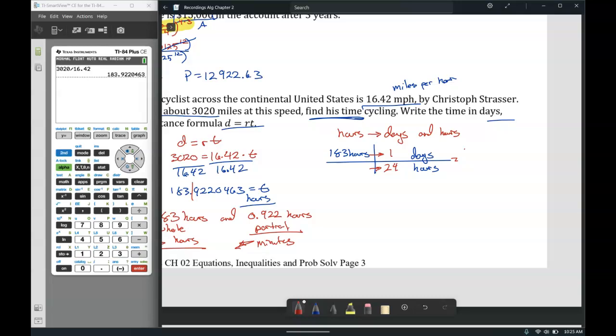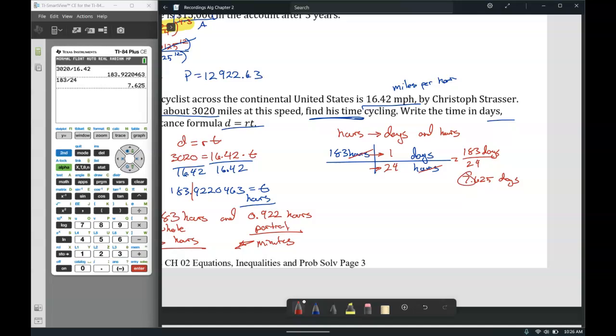If we do this multiplication, we get 183, and the hour units cancel out. So we have 183 days divided by 24. Taking 183 divided by 24 gives us 7.625 days.